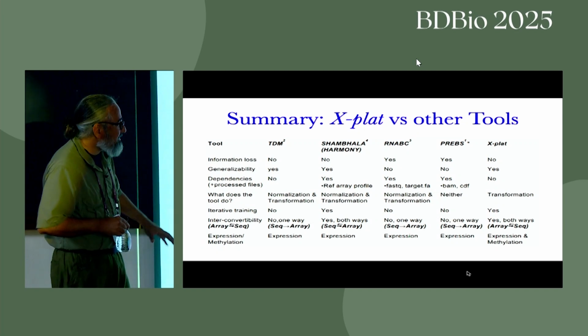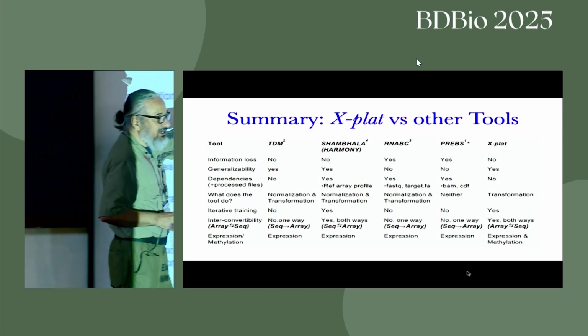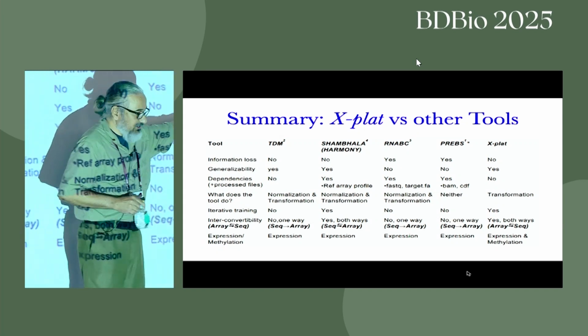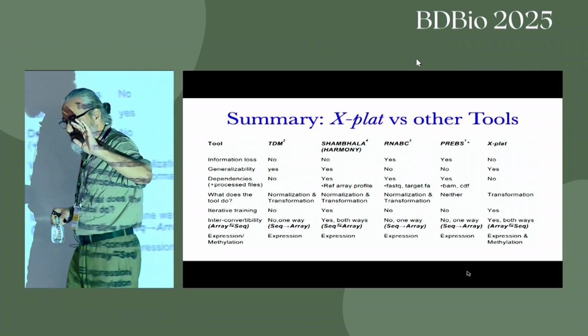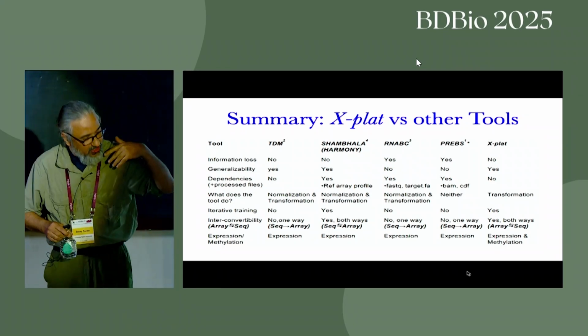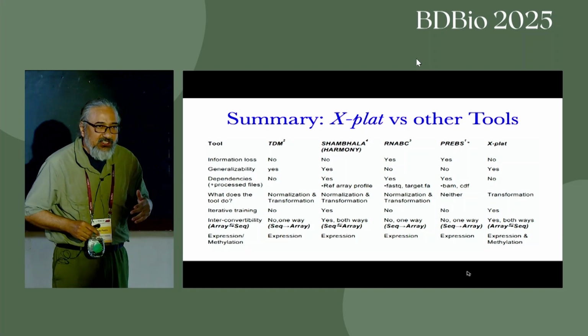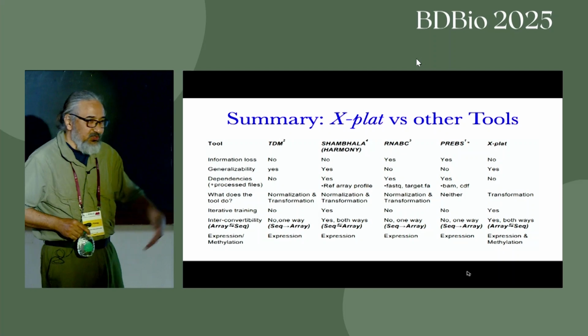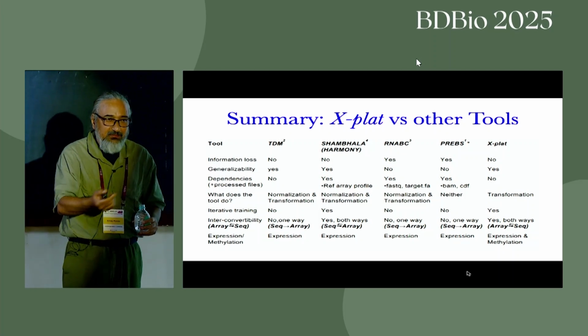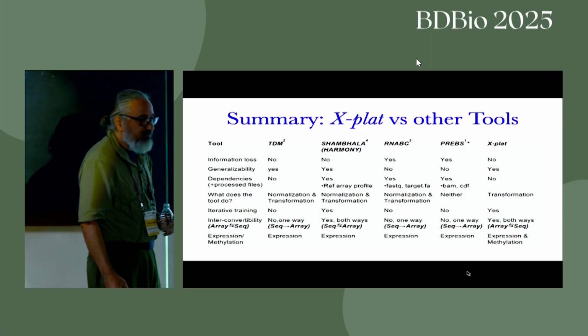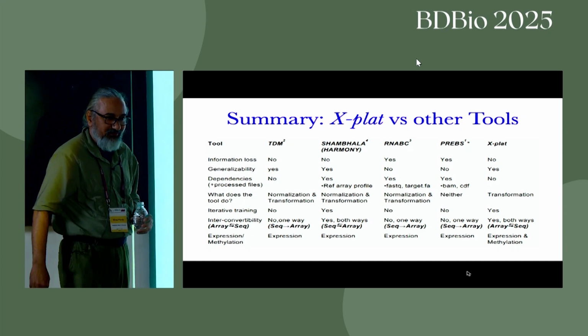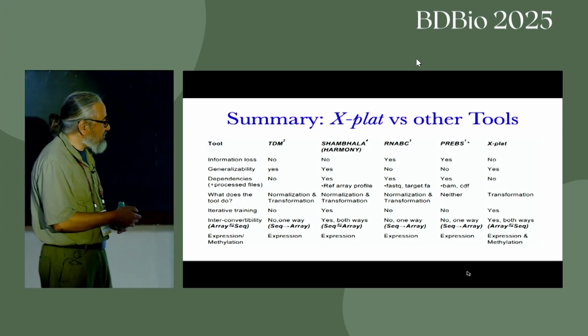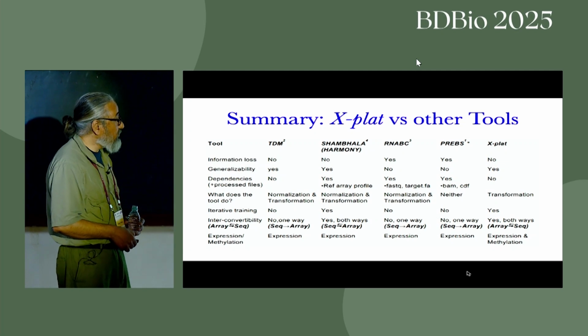I'm not going to read it, but I did not show you any results with these three comparison tools because they are extremely old. They do not work for methylation, were not designed for methylation, and are also not compatible. In many cases the grad students or postdocs have moved on and the tool is not available. We did use them, but because we lost everything on the server, that comparison is also gone. Now we have to see if we can somehow recover some of the data to reuse.